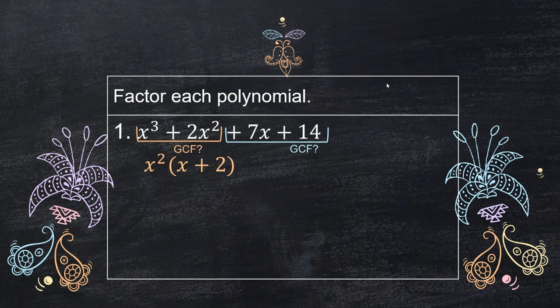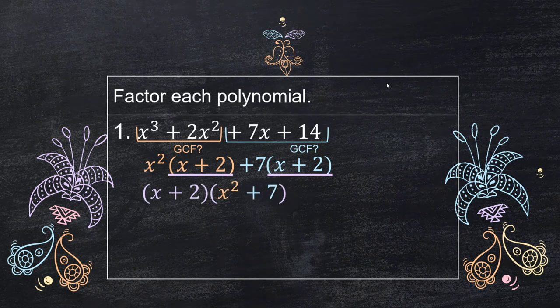There's not an x in both terms, so our greatest common factor is 7. So dividing both of those terms by 7 would give us x plus 2. So notice our common binomial is x plus 2, and the greatest common factors were x squared plus 7. Those go together in our second factor.